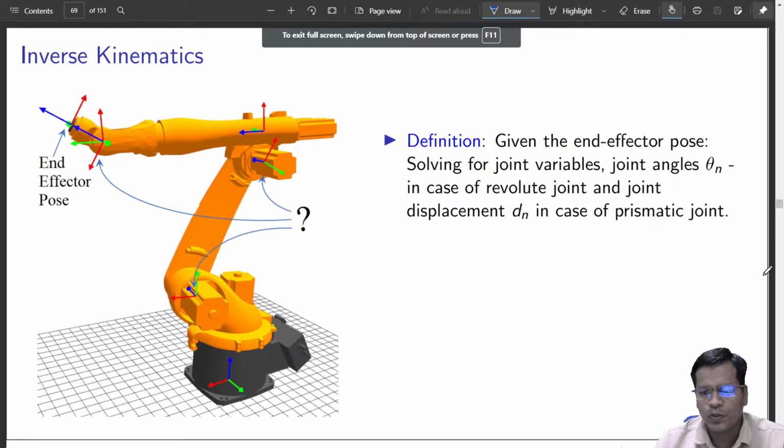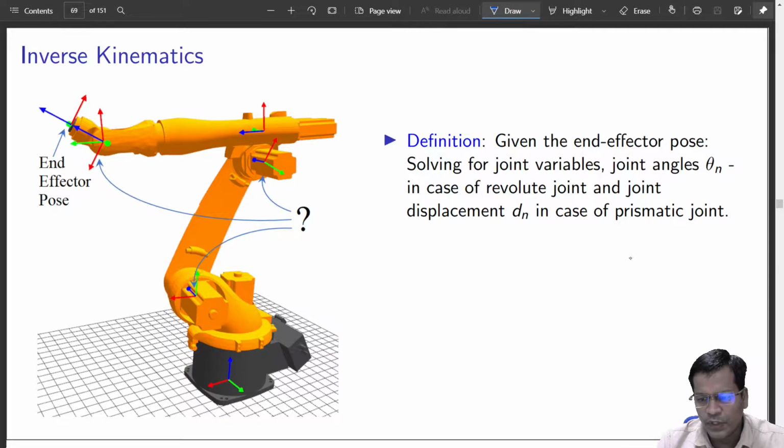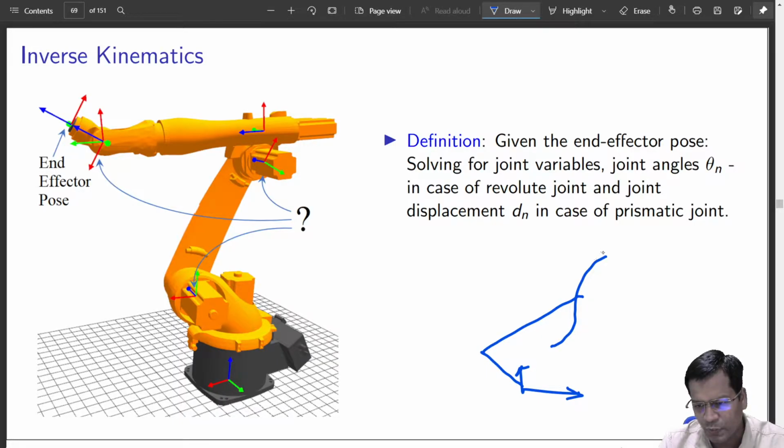Okay, so if you have a robot with a frame which is fitted here, and I want to take this robot along a trajectory somewhere, then for each and every point on this trajectory, this particular link will have a particular solution.